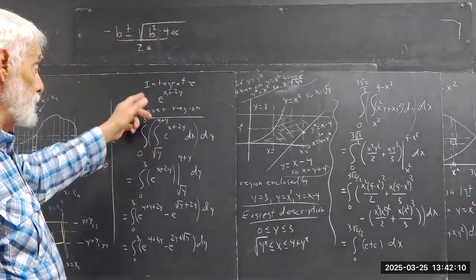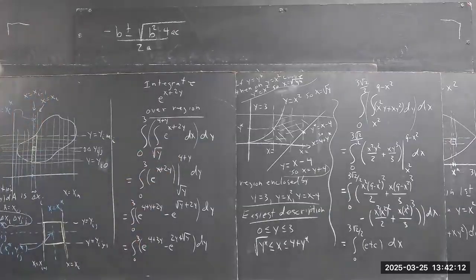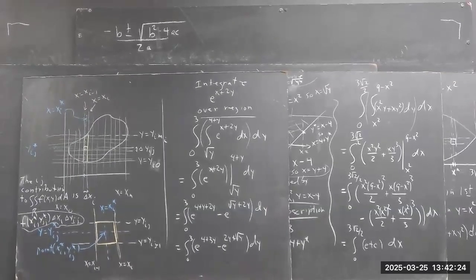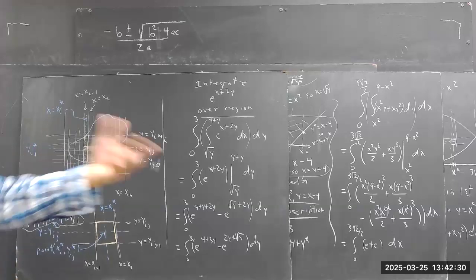So when you integrate the density over a region, it comes down to what you're doing on each end. If f of x, y is the density function, then you're multiplying density by area, which gives you mass.